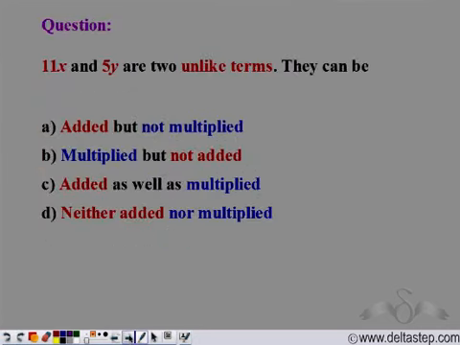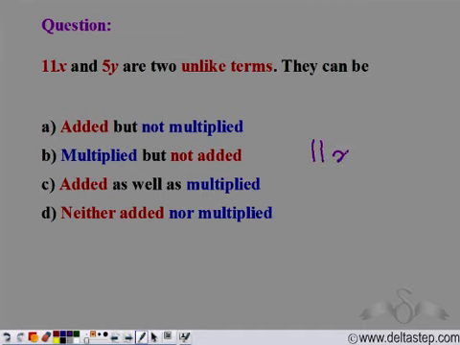So let us solve a question now. 11x and 5y are two unlike terms. They can be added but not multiplied, or multiplied but not added, or added as well as multiplied, or neither added nor multiplied. So we have 11x and 5y.